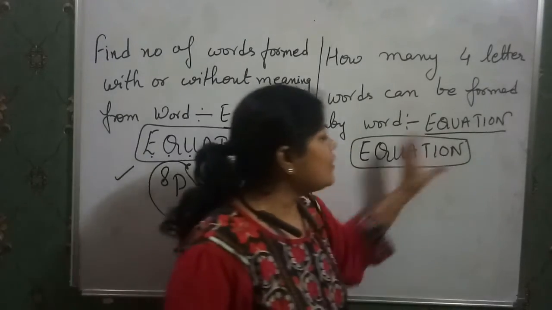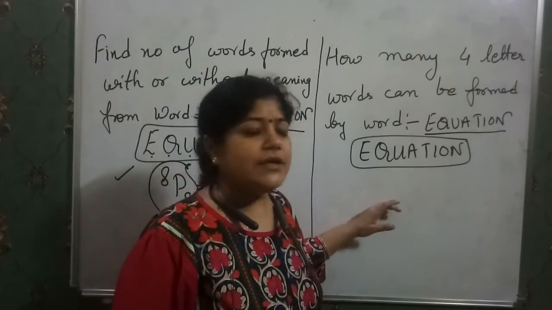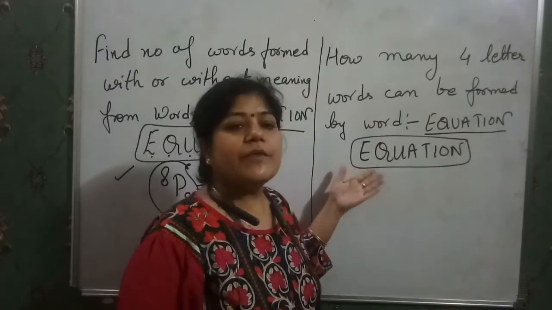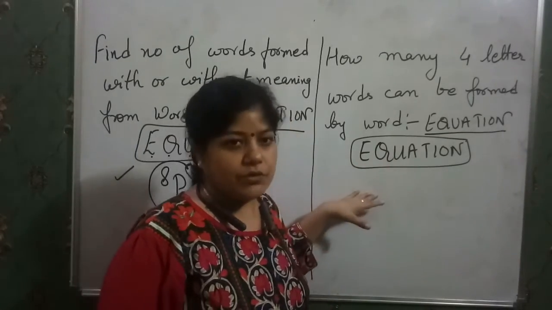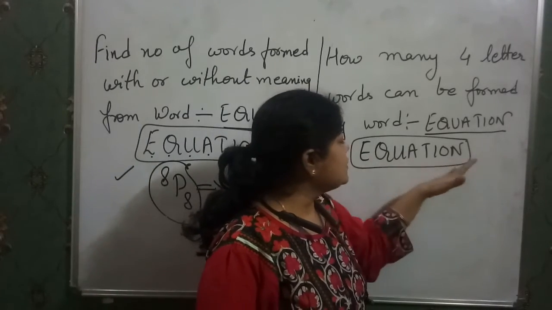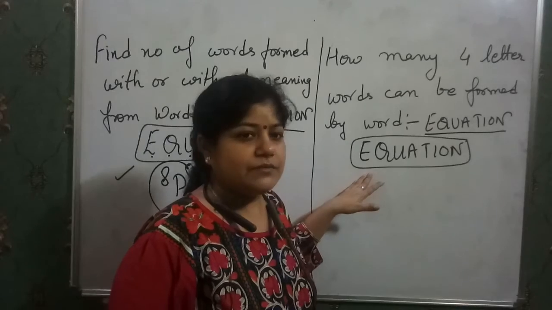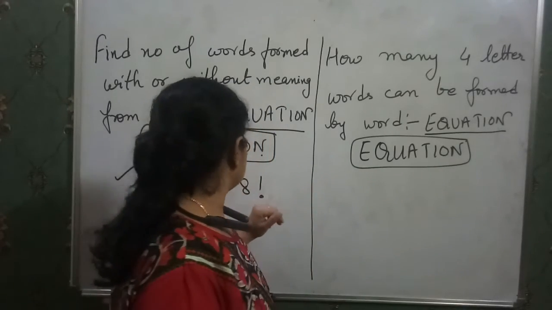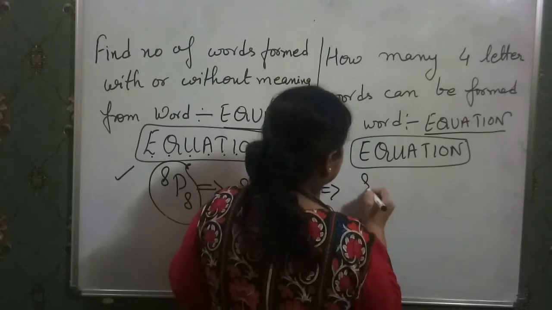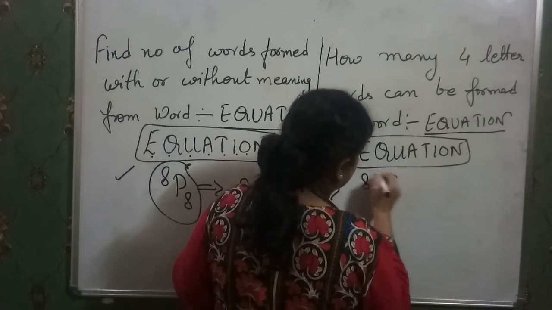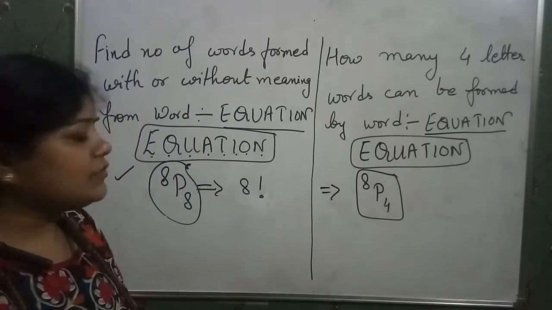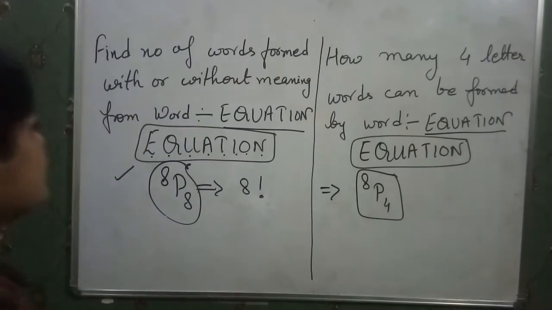That means only 4 letters are taken from this word, and we have to form words having only 4 letters, with no repetition of any letter. So in this case our answer is 8P4. Simple. Clear?